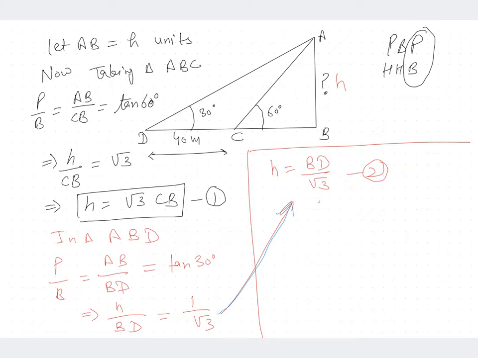So equating equation 1 and 2, we get root 3 BC equal to BD upon root 3.